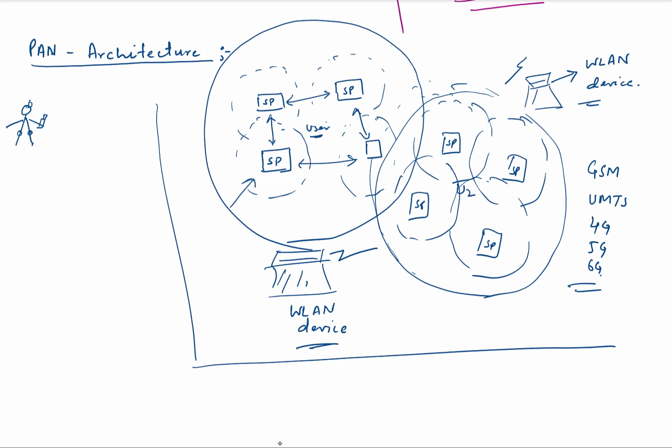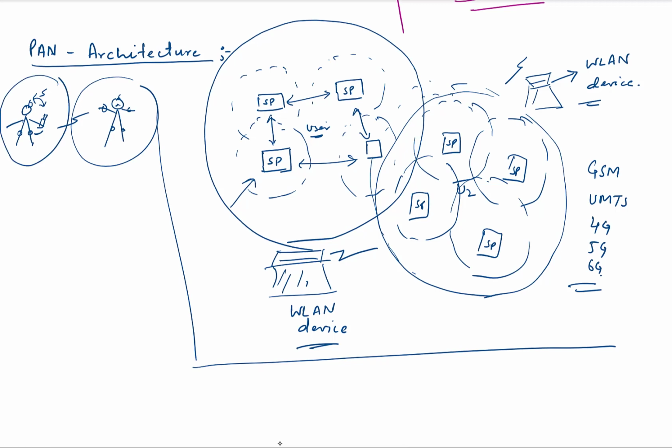All these wearable devices will be connected to each other by using radio signals. Similarly, you can have another person with its own wearable devices, and then these two can also interact with each other. So this is going to be one PAN, and this is going to be another PAN.